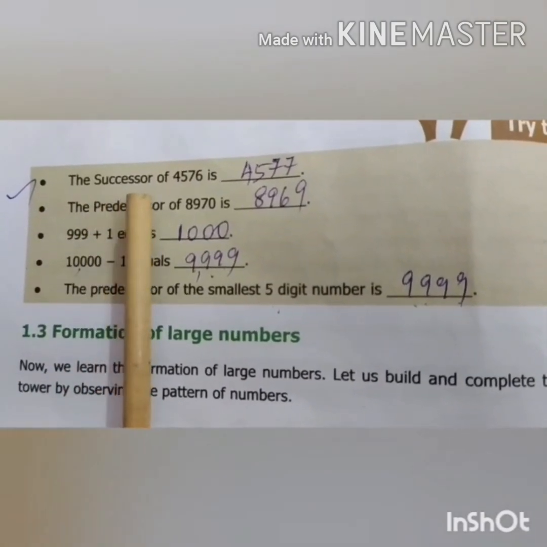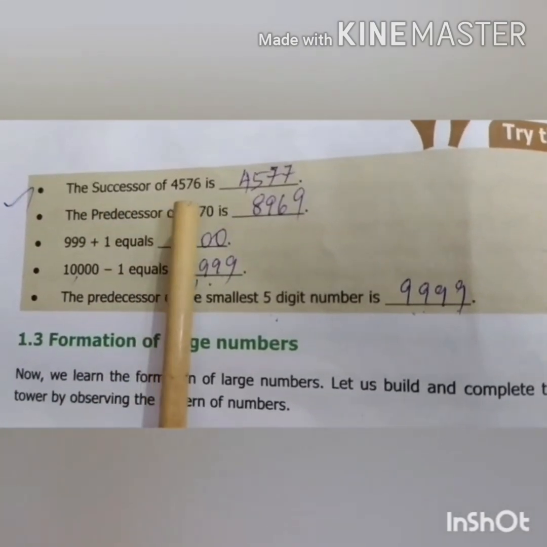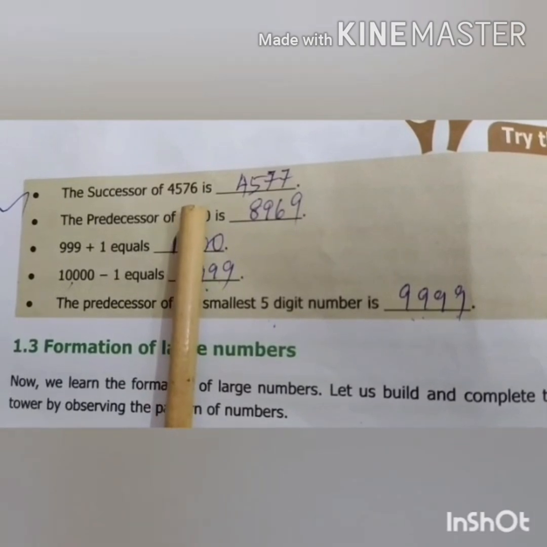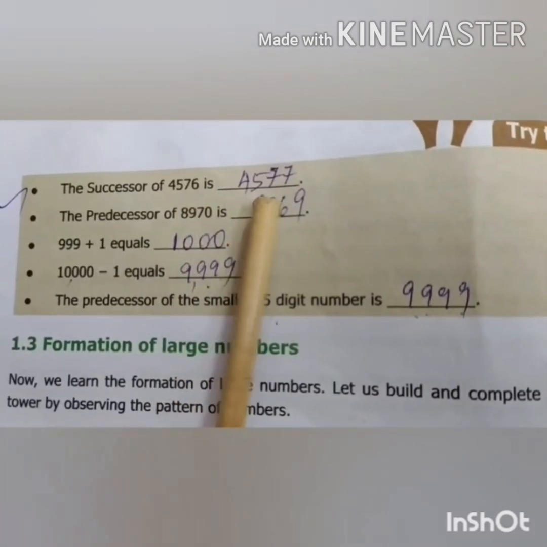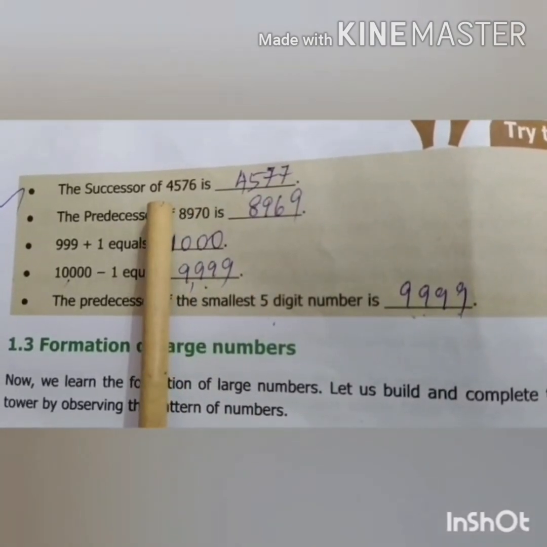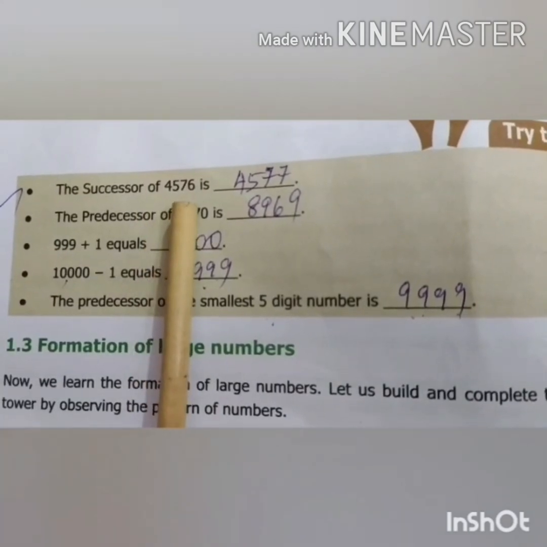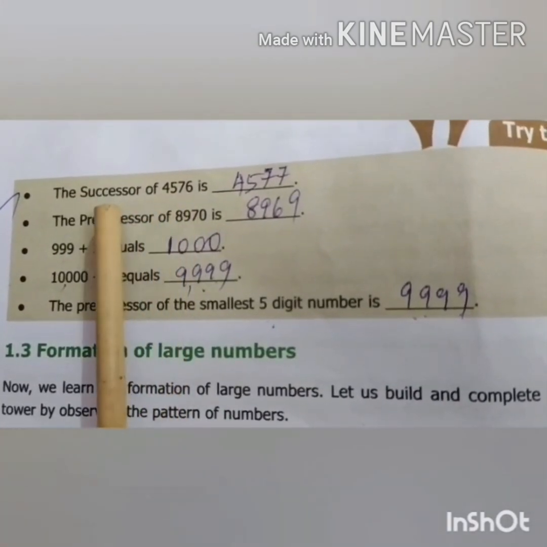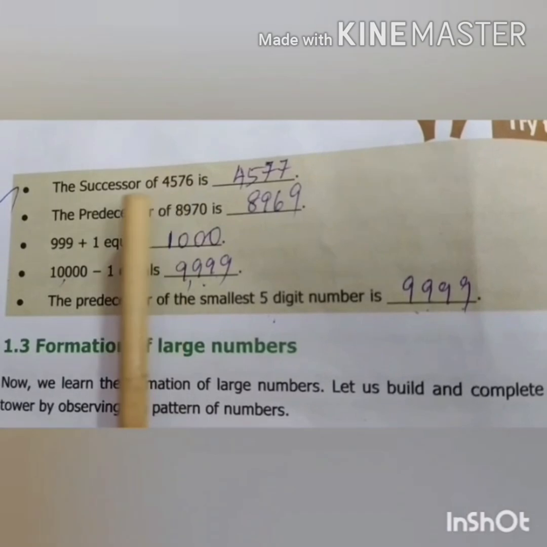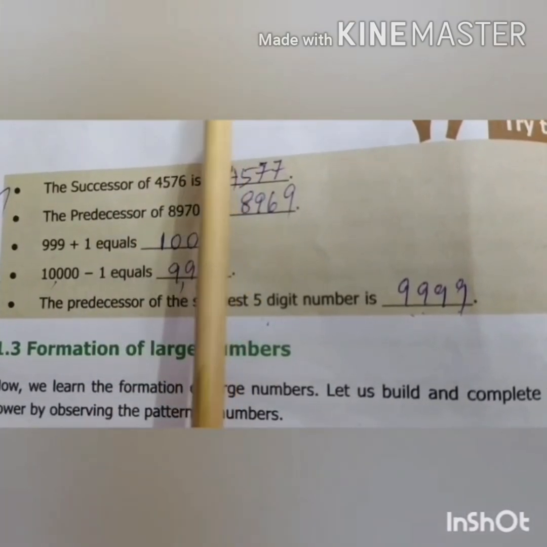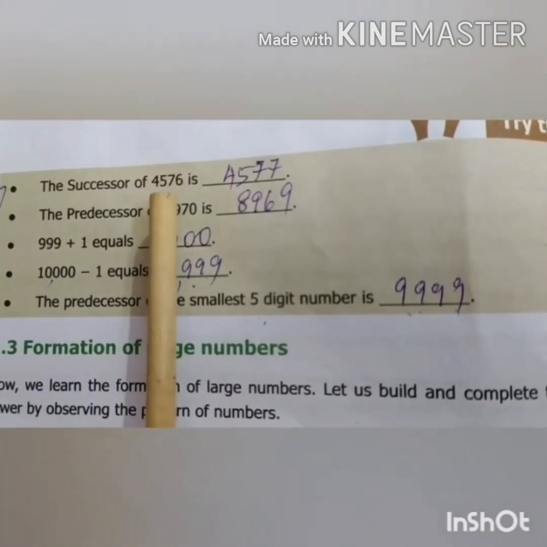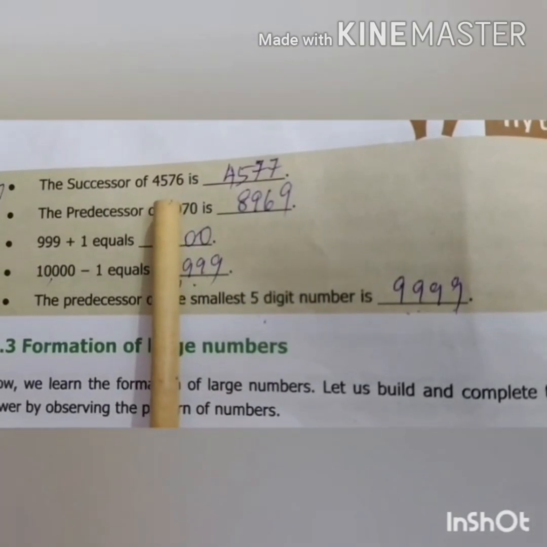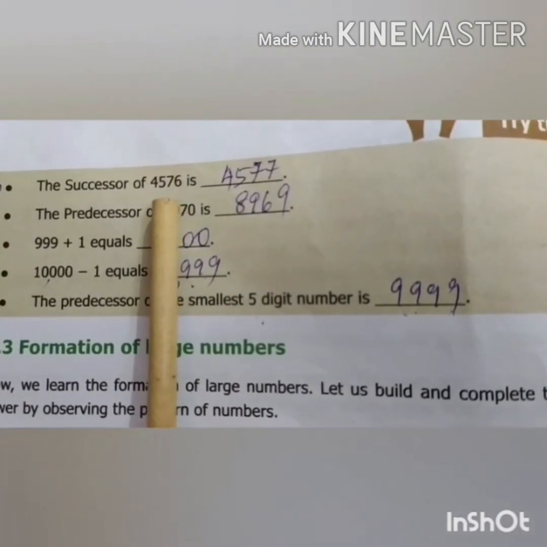The successor of 4576 is dash. You have to find out the successor of this number. Successor means you have to add 1 to this number. That is next number. Here, see this 76 is there.